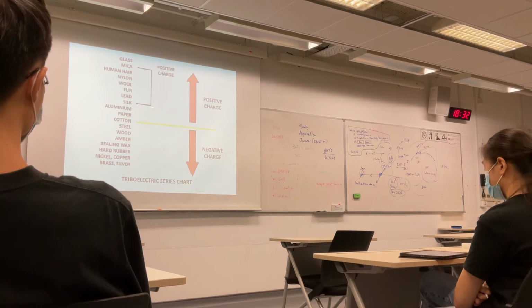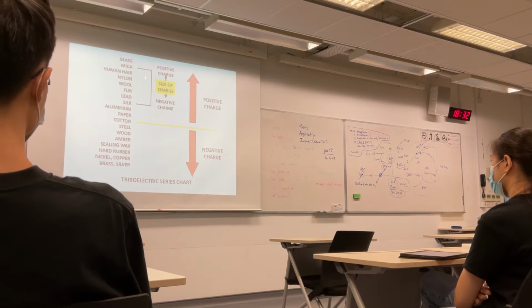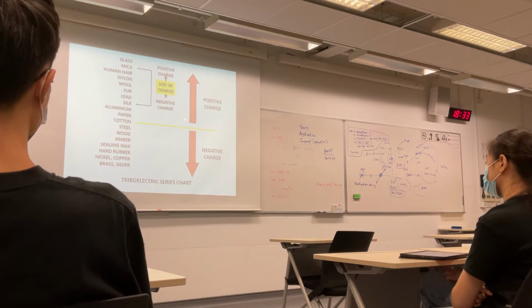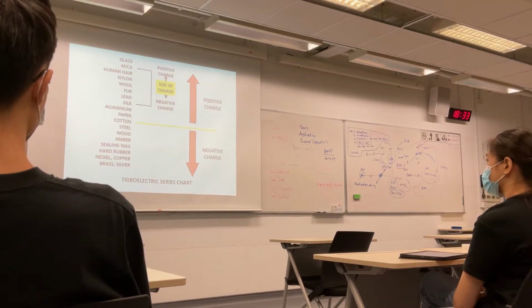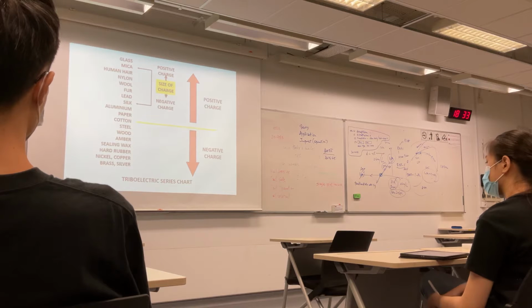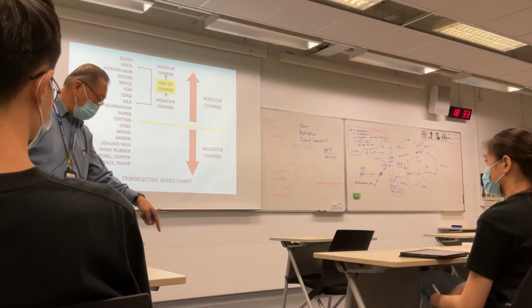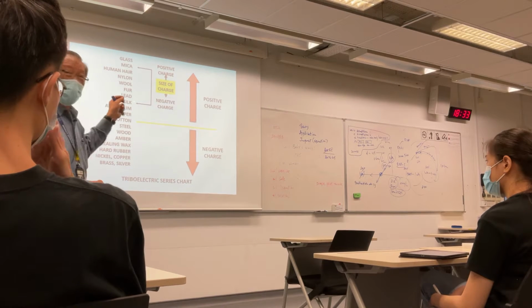Okay, so for example silk and mica, I told you that they can give you a charge. Okay, so the distance dictates the size of the charge. So you'll try to minimize the distance when you are designing a component. I was telling you that when I walk here in my shoes, I don't have a problem because probably the material of the shoe and the floor, the gap is very narrow.